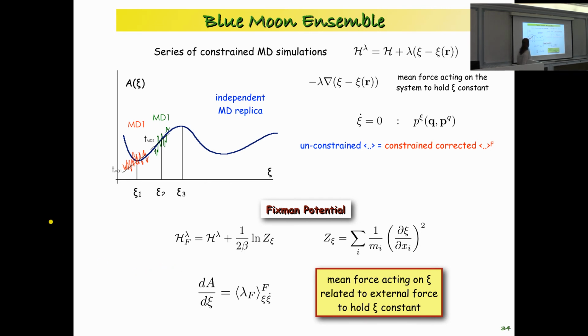Then you do this for many values of the collective variable you have defined. For each of these values, you fix the constraint, you collect the Lagrangian multiplier along the MD, you make the average, and you have your value. Then you do it along the pathway, for all the values that you need to sample, and then you simply integrate, and you get the free energy difference.